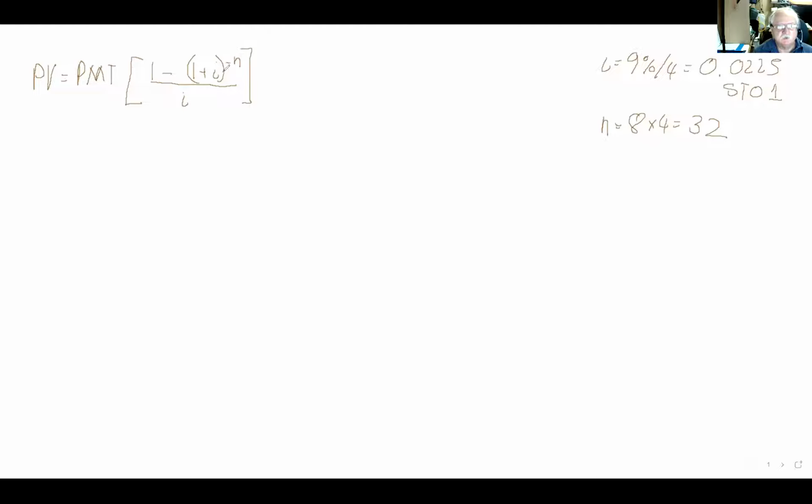So let's figure out how I'm going to plug this into my calculator, and then we'll go to the calculator and do it. So we're going to do 1 plus recall 1, see what that equals, then y to the x.